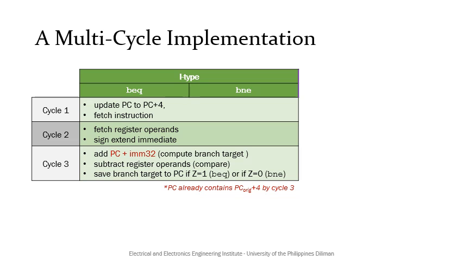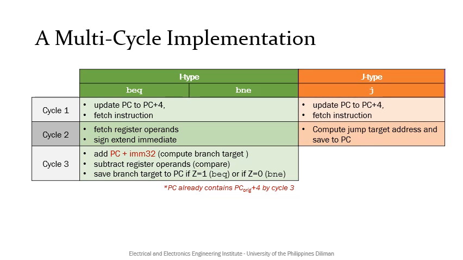The comparison is done by subtracting the contents of RS and RT. For BEQ, we branch if the zero flag is asserted as a result of the subtraction. For BNE, we branch if the zero flag is deasserted. Note that we are adding PC plus the immediate, since by this point, PC already contains PC plus 4 as it is updated in the first clock cycle.